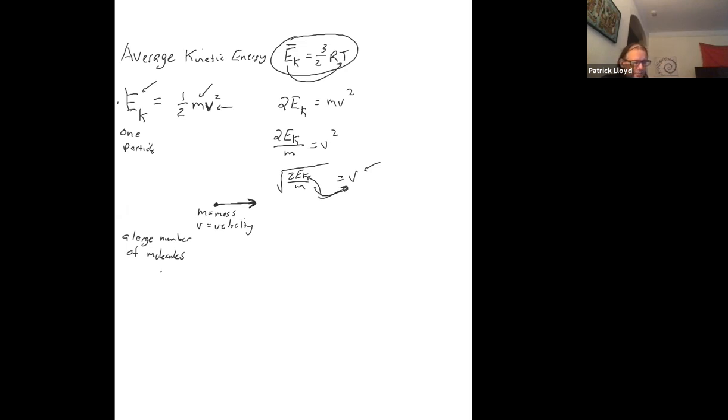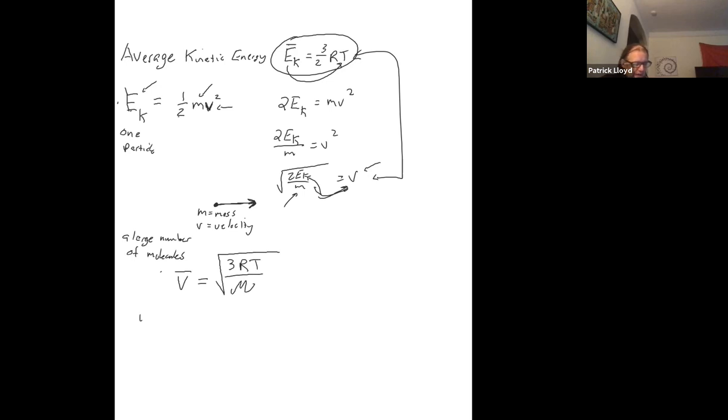So what we can do is combine these two equations, taking into account that we're not going to talk about one molecule. This equation is for one molecule, one particle, but we're going to have a large number of molecules. So let's use the mole. Let's say that the number of molecules we have is a mole. What you end up with is the average velocity is equal to the square root of 3RT over the molar mass.